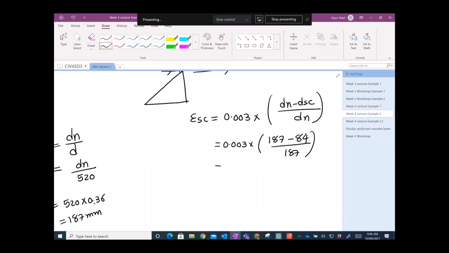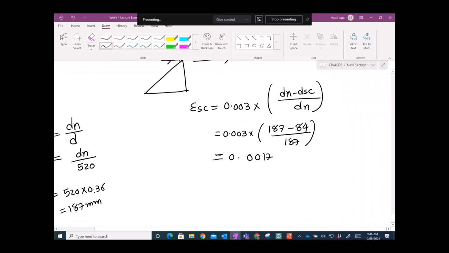If I just simplify that, you get the value 0.017.